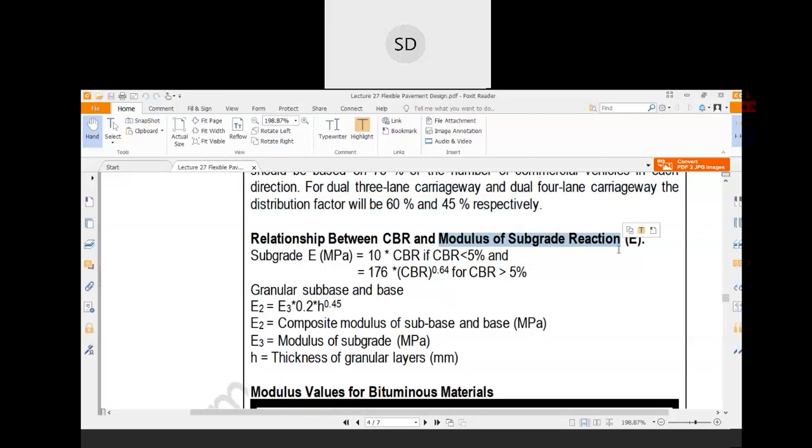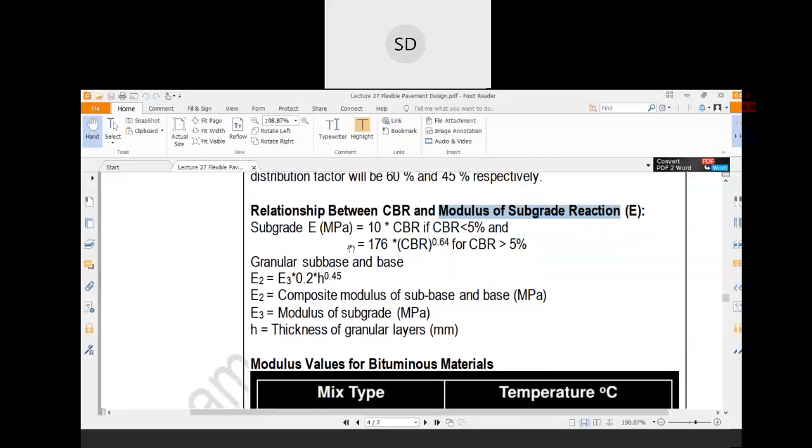Based on that modulus of subgrade reaction, you will find out the different layer thicknesses. Now, why is the CBR test conducted? The CBR test is conducted to know the different properties or strength parameters of the different layers. And how is modulus of subgrade reaction calculated? Modulus of subgrade reaction is calculated based on the plate load test, which we have discussed earlier.